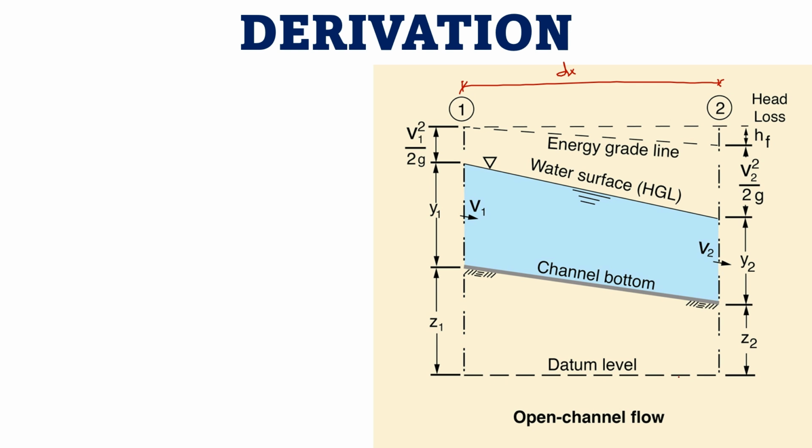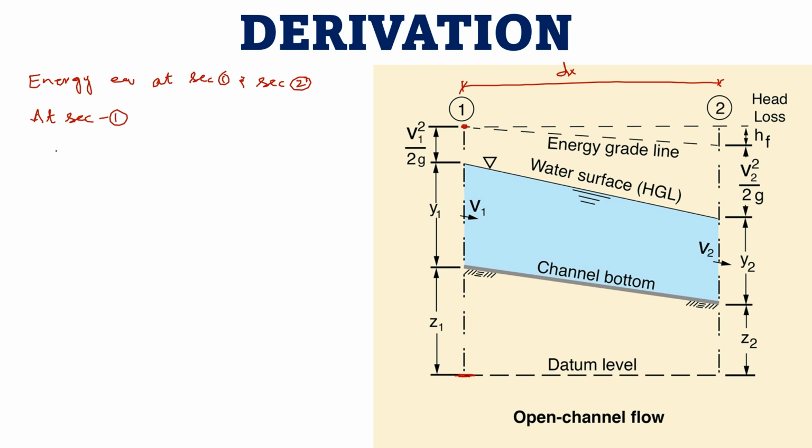Here we have a datum line. So from the datum line, we will apply the energy equation at section 1 and at section 2. So at section 1, what will be the energy from the datum line? What will be the total energy till this point?